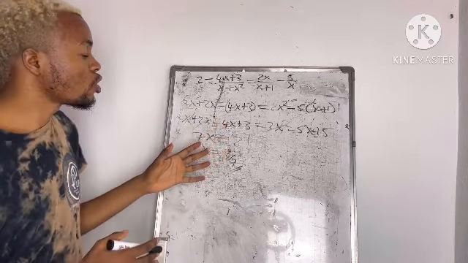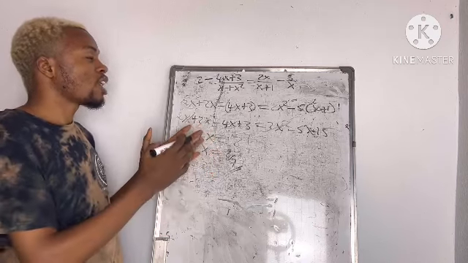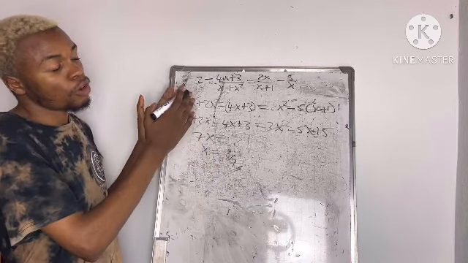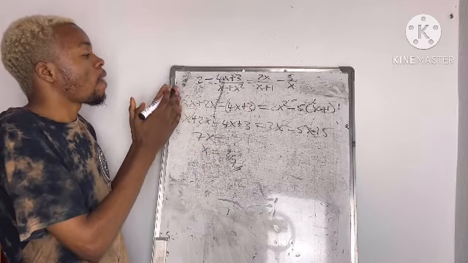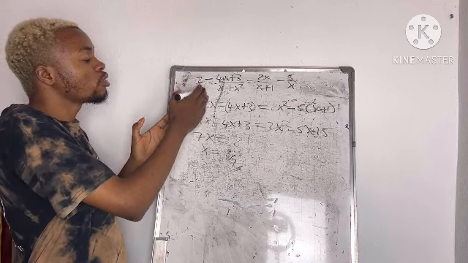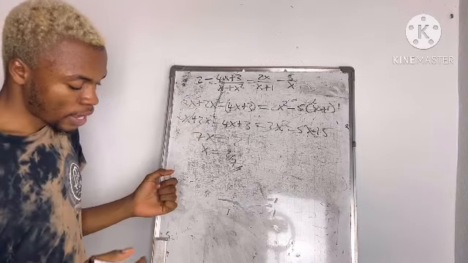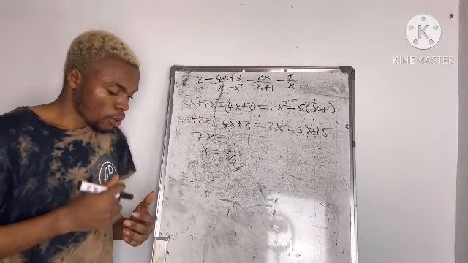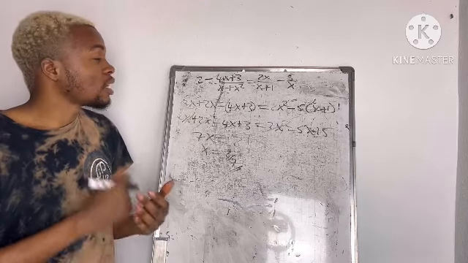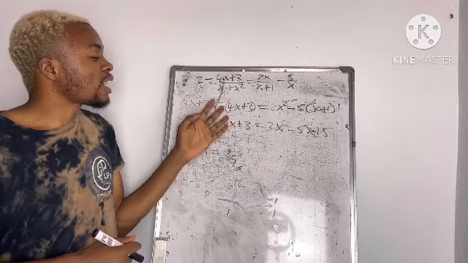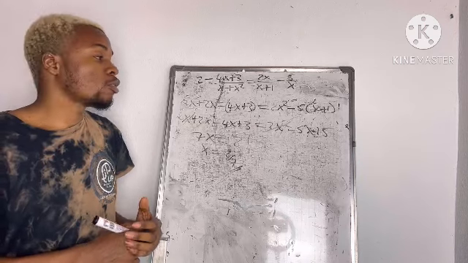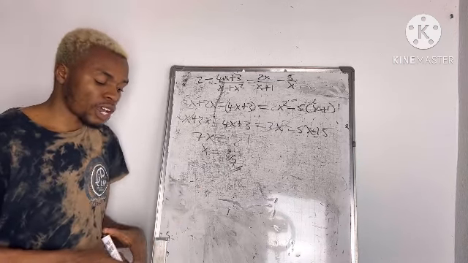When you have equations like this, you always try to make sure that first of all, if you need to find the LCM, you go ahead and find your LCM. When you are done finding your LCM, then you simplify the one on the left hand side, and also simplify the one on the right hand side.